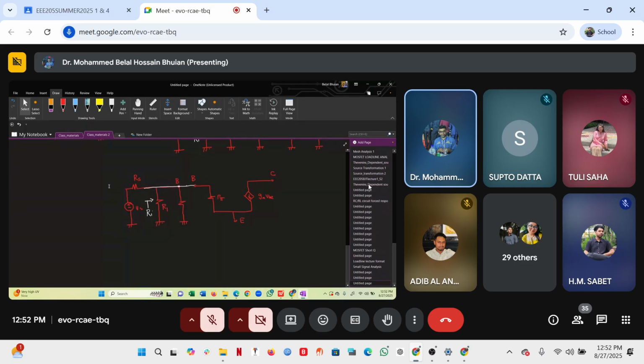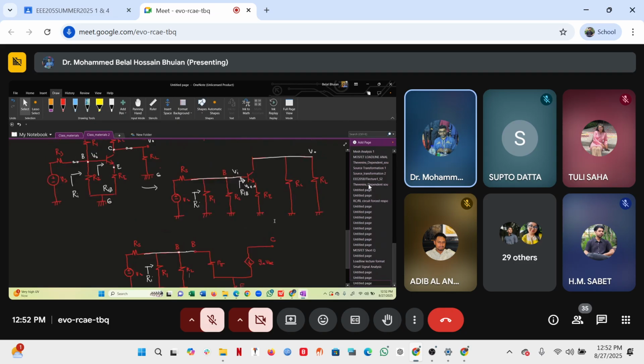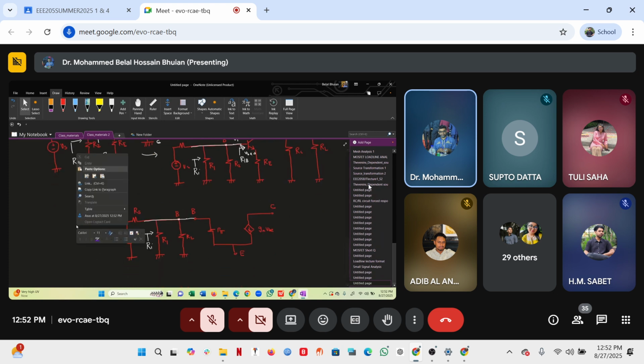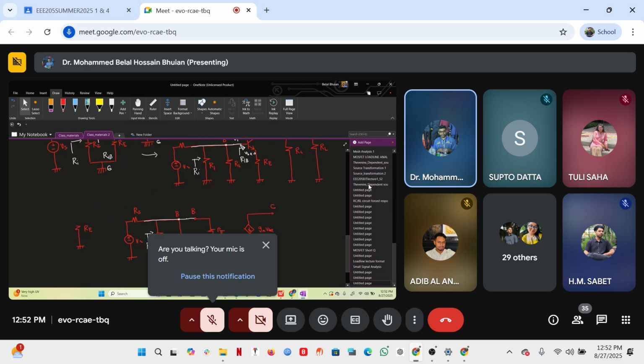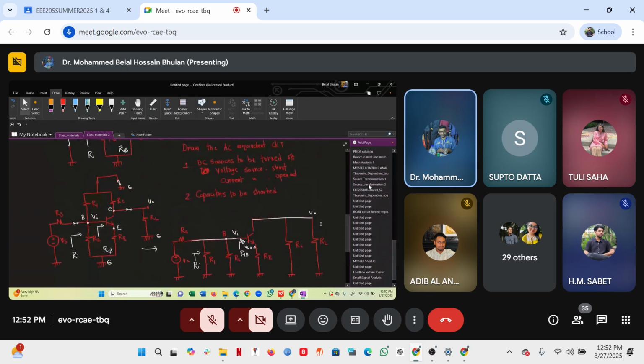R2, in the emitter side, and the collector side.